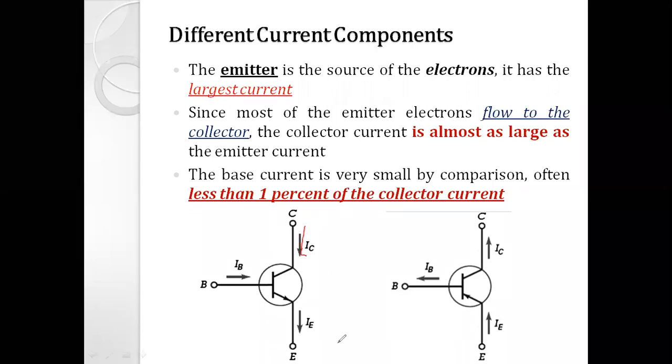IC, IB, and IE. And when the transistor is of PNP type, then the directions of the currents IC, IB, and IE are shown here.